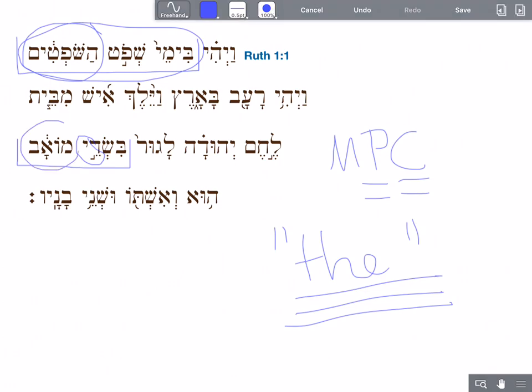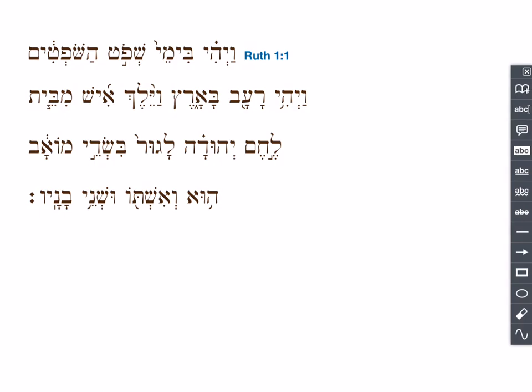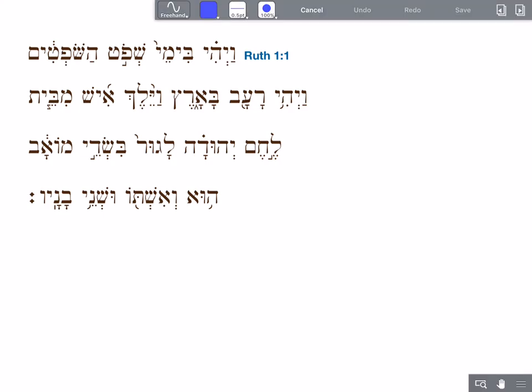So Moab, although it does not have the definite article, Moab is a proper noun, and proper nouns are definite. And because Moab is a proper noun and it's definite, then the whole construct package is definite. So I have in the fields of Moab, and there is our bet preposition, in.